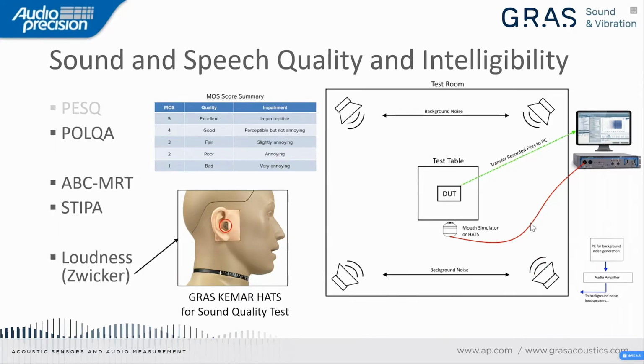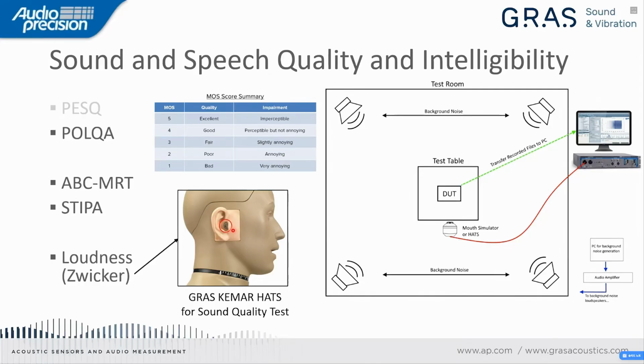For other sound quality parameters, such as loudness that is described in the ISO 532 standard, it is possible to use third-party tools that are compatible with the APx software to perform this test. We can also see here a GRAS KEMAR head and torso simulator that can be configured with microphones in the ear canal instead of ear simulators.